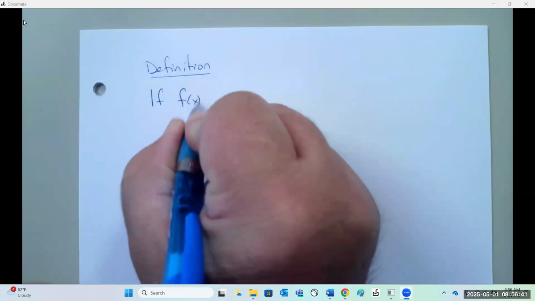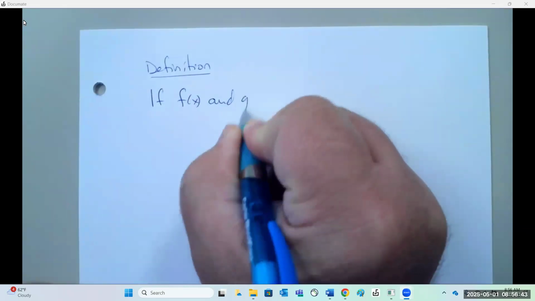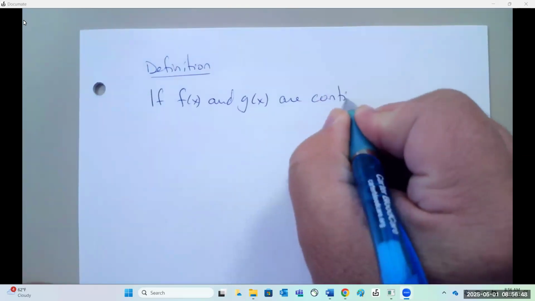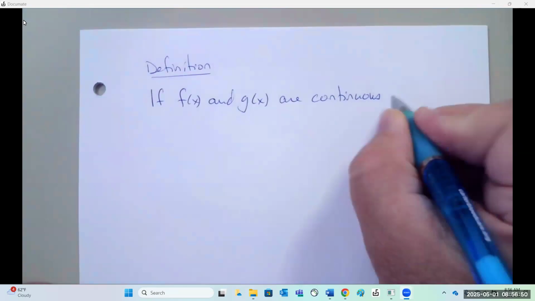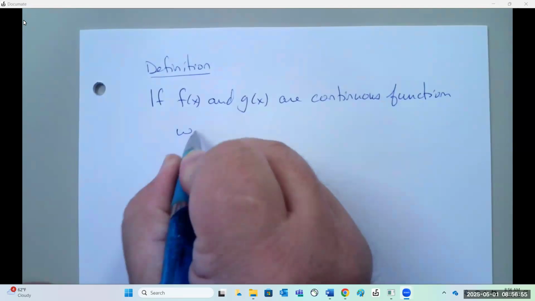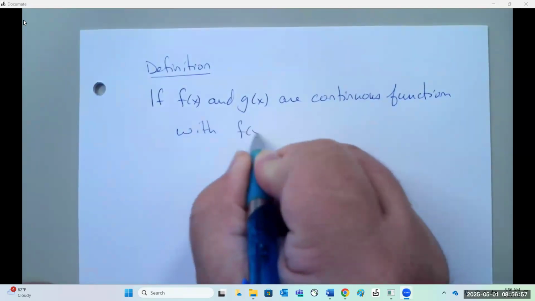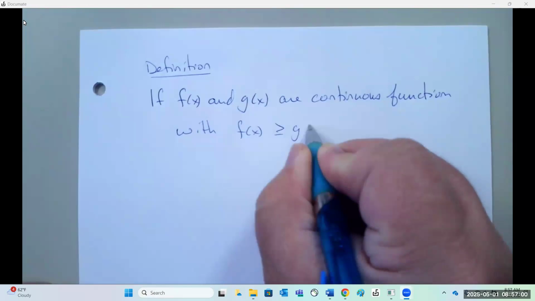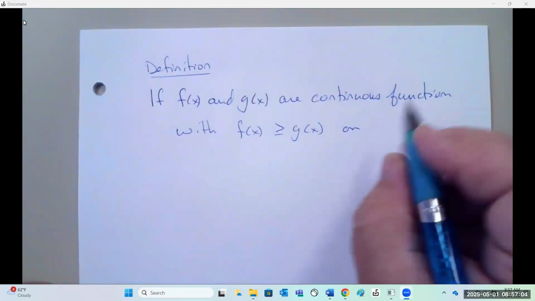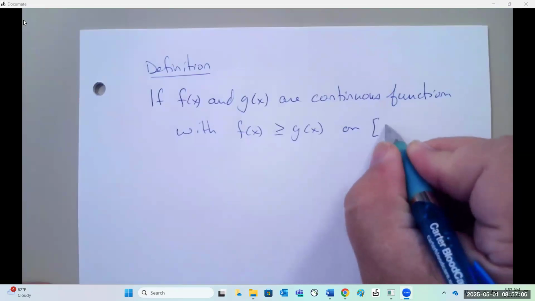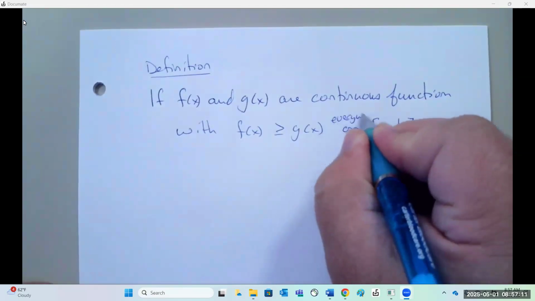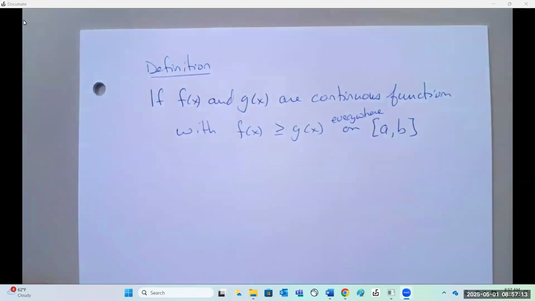If f of x and g of x are continuous functions, with f of x being greater than or equal to g of x, everywhere on the closed interval a b, everywhere on there.